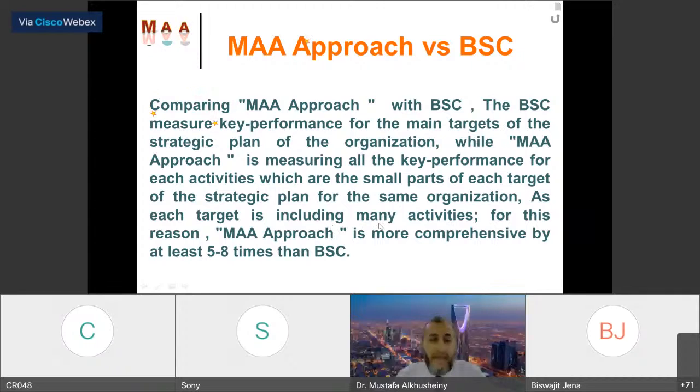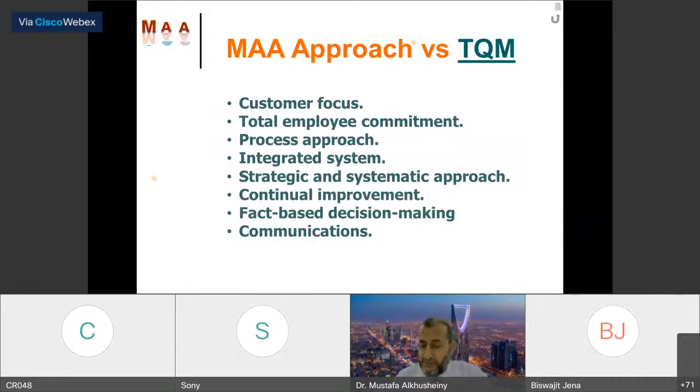As each target includes many activities, my approach is more comprehensive by at least 5 to 8 times than balanced scorecard.